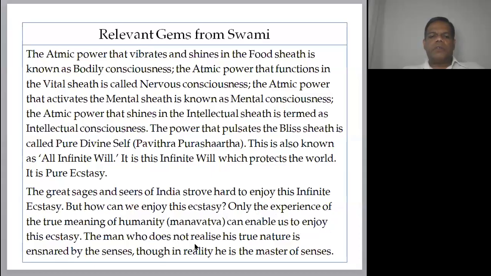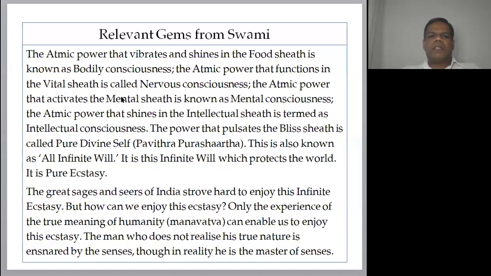The man who does not realize his true nature is ensnared by the senses, though in reality he is the master of the senses. In this first paragraph, Swami is talking about the five sheaths: Annamaya Kosha, Pranamaya Kosha, Manomaya Kosha, Vijnanamaya Kosha, and Anandamaya Kosha. Swami is talking about the food sheath, Annamaya.